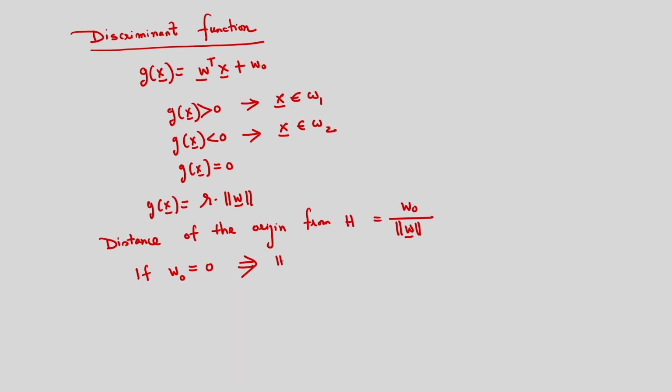The hyperplane passes through the origin. And corresponding to this, the discriminant function will be Gx equal to W transpose x, because the bias is 0, and this form is called the homogeneous form.